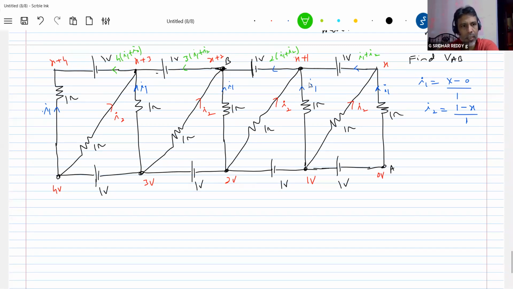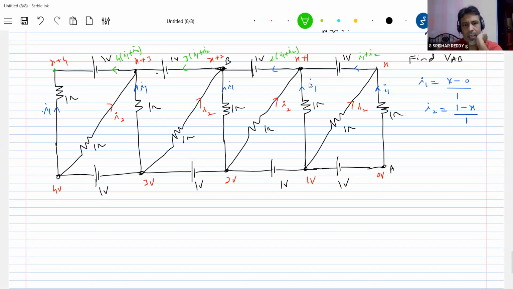But looking at this junction now, there's a problem. So definitely 4I1 plus I2 plus I1 should be equal to 0. Or if you want to write I1 plus I2 as I, this will be 2I, 3I, 4I, any of the methods.